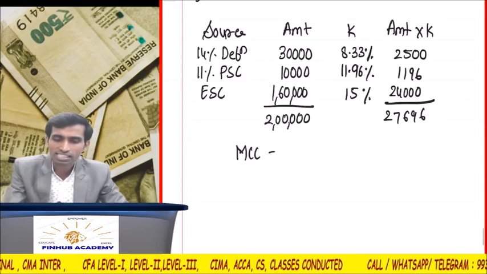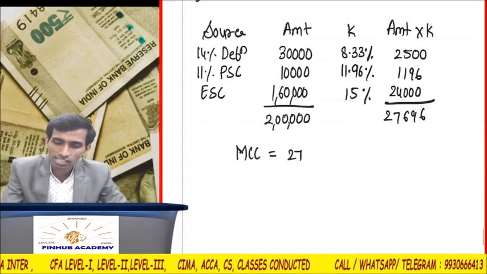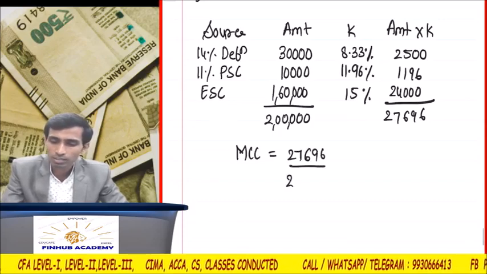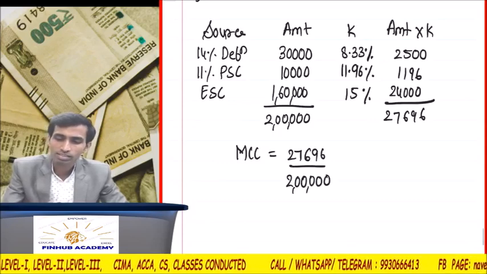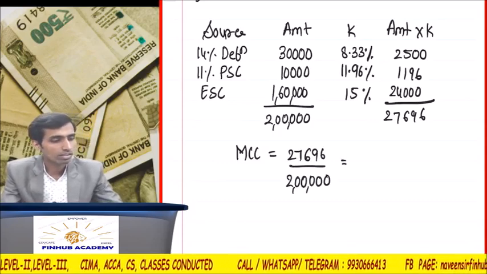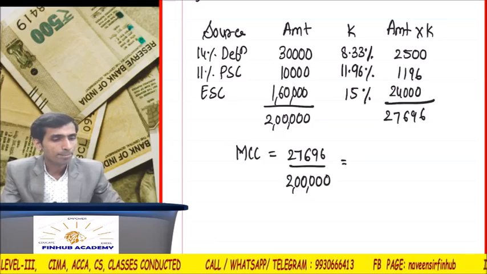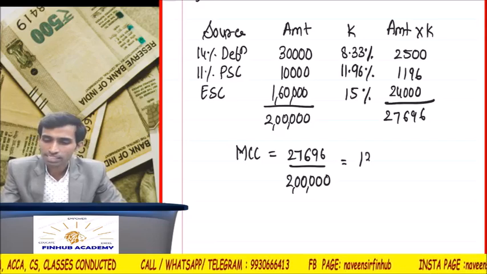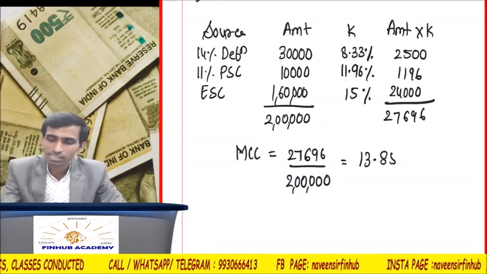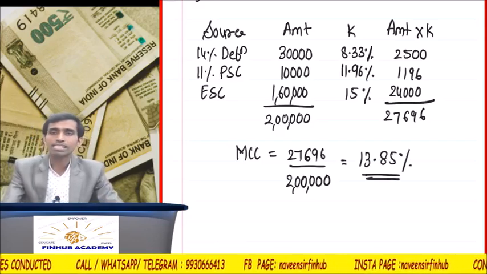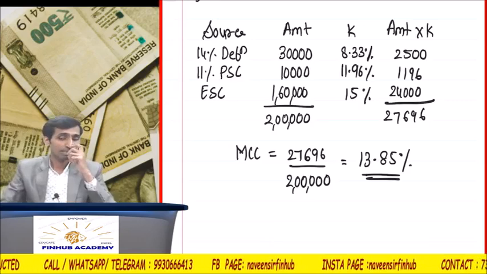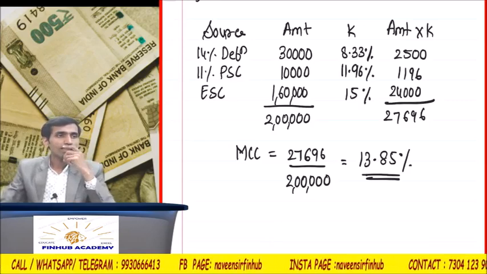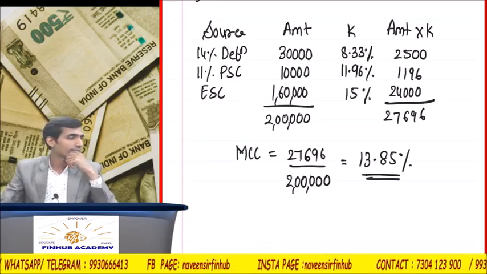MCC or WACC is equal to 27,696 divided by 2 lakhs. Answer is how much? 13.85%. Please copy. 13.85%.